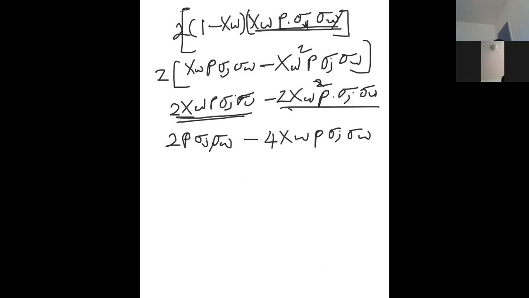So that means I'm going to add it onto this one. So this is going to give me minus 2 into bracket 1 minus XW multiplied by the variance of J, plus the other one, also plus 2 XW multiplied by the variance of W. Is that okay?